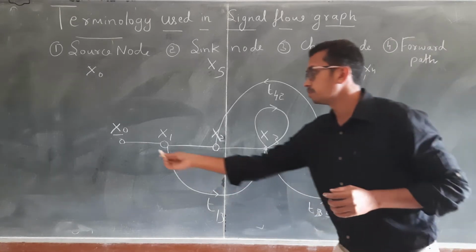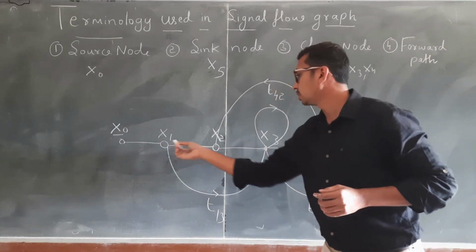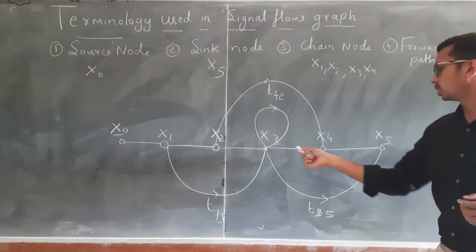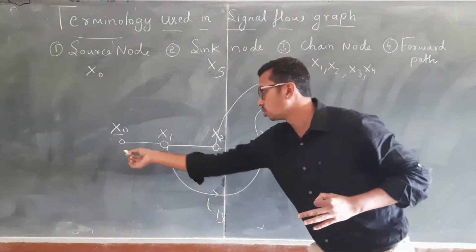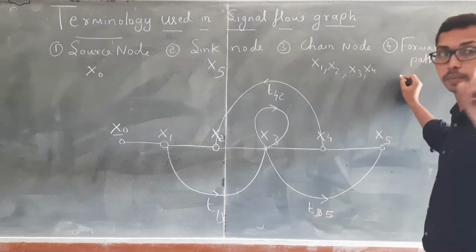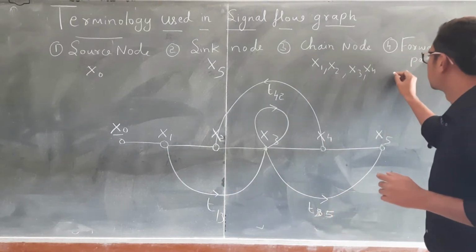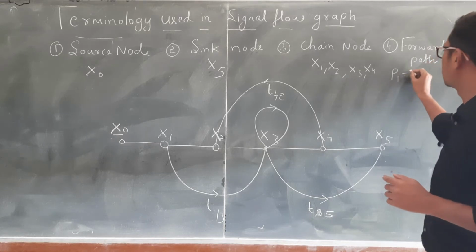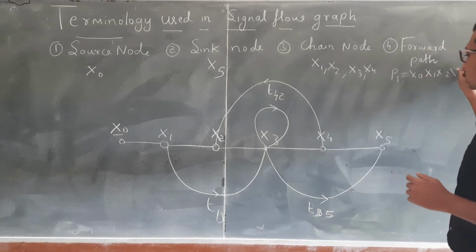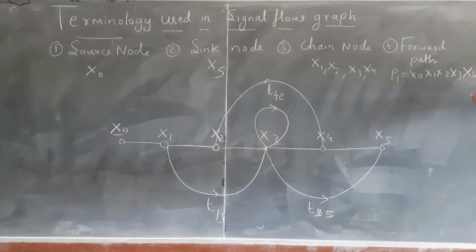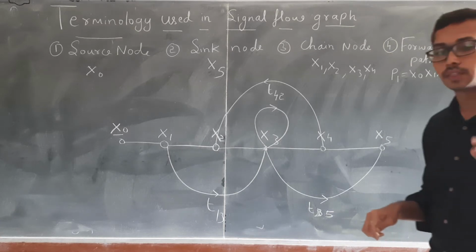For example, x0, x1, x2, x3, x4 and x5. This is one path, so I write forward path number 1: P1 represents x0, x1, x2, x3, x4 and x5.